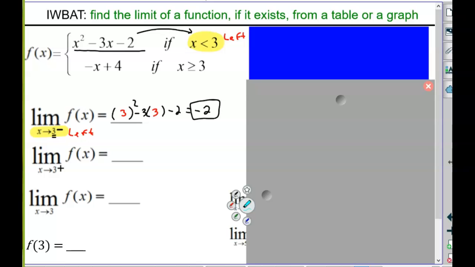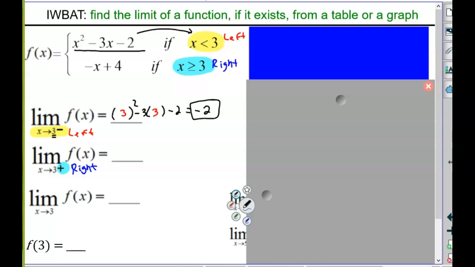But then I have to figure out, what if I approach from the right-hand side? Well, the right-hand side has a different equation to it. Okay? Part of the different pieces. So my right-handed limit would use numbers that are greater than 3.